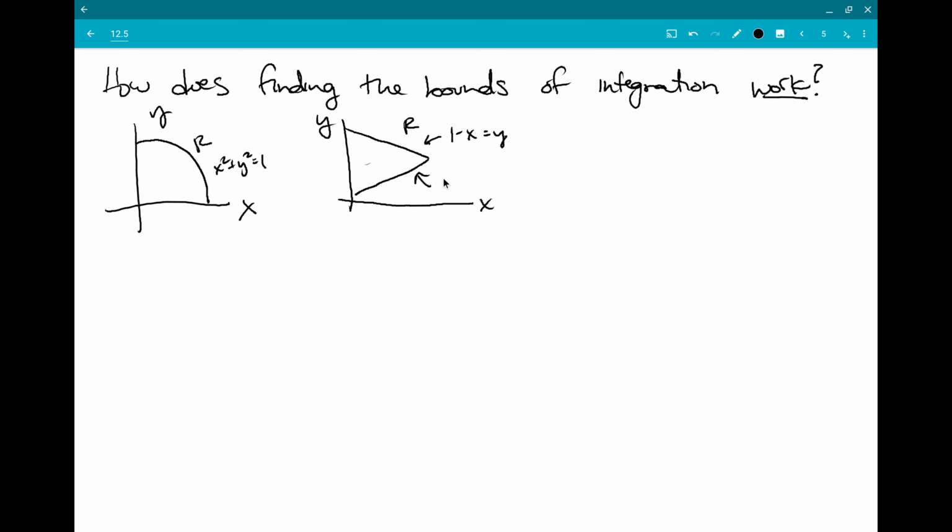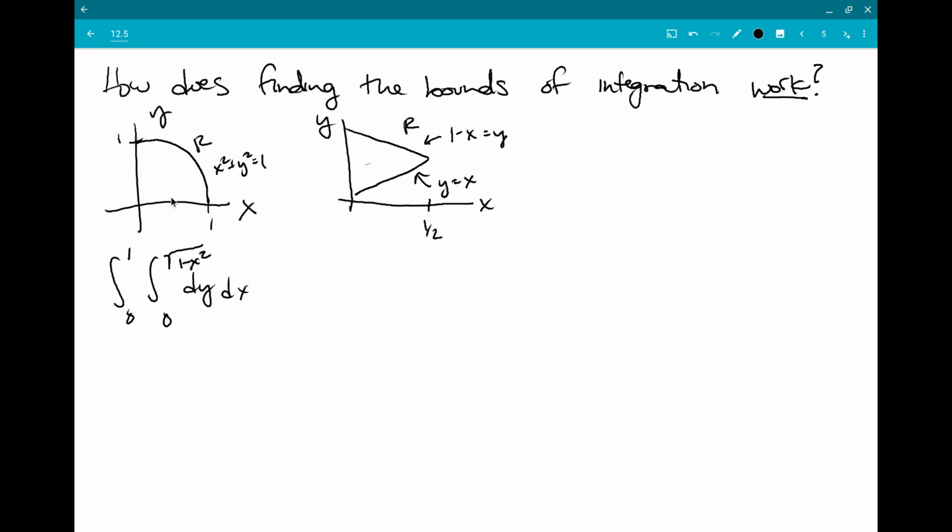So real quick, let's just give us some equations to work with. So if we were trying to set up this region right here, we would say, okay, y goes from 0 to root 1 minus x squared. x goes from 0 to 1.